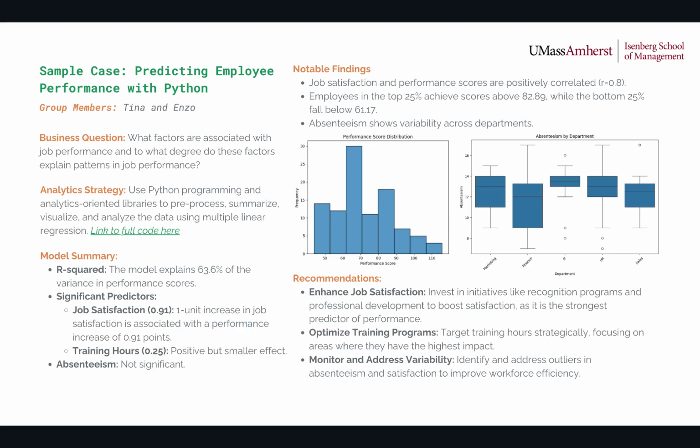It's also useful to look at not just the model results, but also some exploratory analysis. So here's another recommendation that says monitor and address variability, and this has to do with absenteeism. So identify and address outliers in absenteeism to improve workforce efficiency.